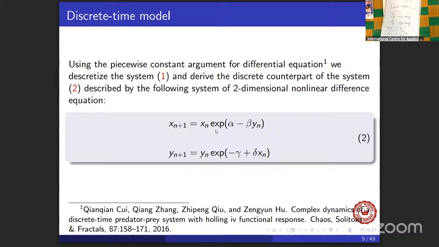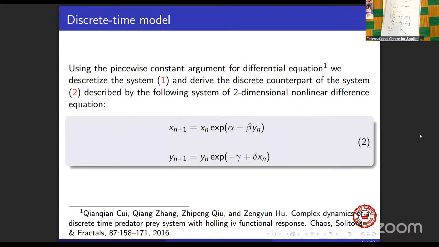So using the piecewise constant argument for differential equations, we discretize the system and derive a discrete counterpart described by the following nonlinear difference equation, with x n plus 1 and x considered as x n and y considered as y n. This is the difference equation form.